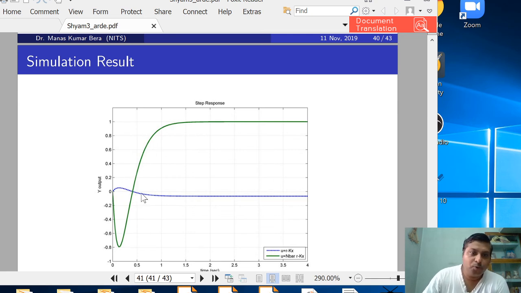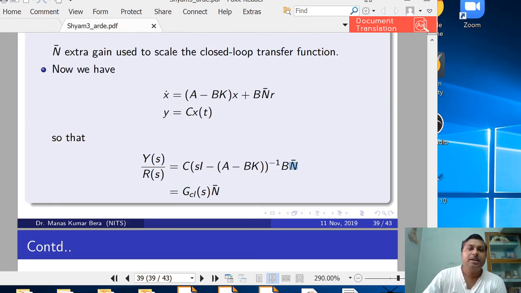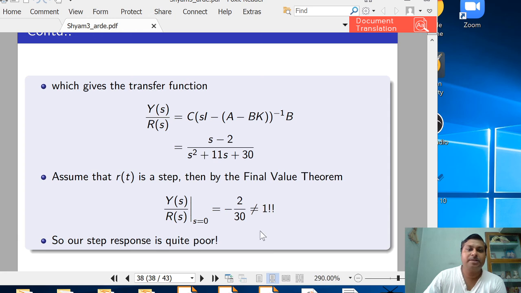This blue graph is only with the control u equal to r minus kx, that is, when we do not weight the r by N bar. We want the output to settle at 1, but it settles somewhere on the negative side, which is what we found, minus 2 by 30.